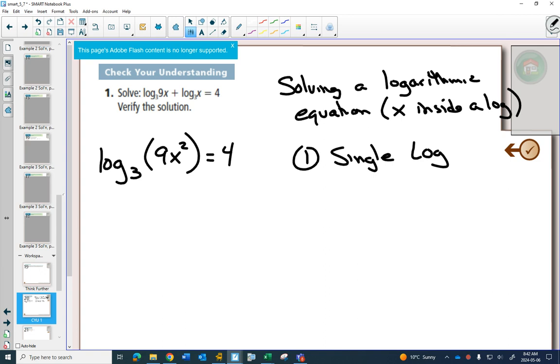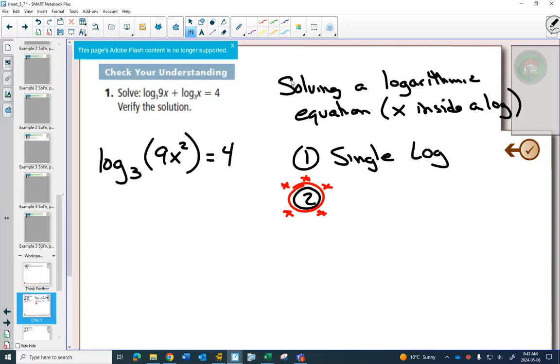So once you have that single log, and this one, put a red circle around it. I'm trying to figure out how to make step 2 really, really important. Because every year, this is the step that seems to be the hardest. And probably because it's the least mathematical step you've ever done in your life.